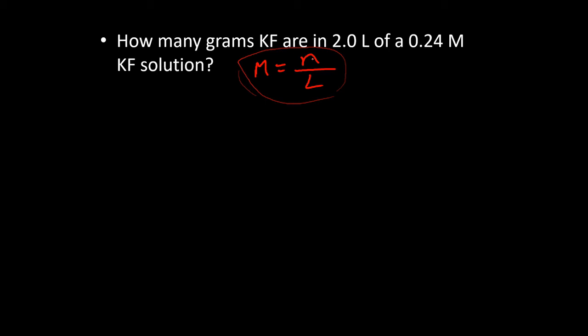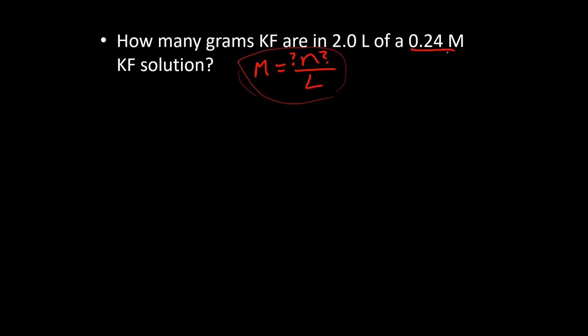So if we can get the number of moles, we can do a mole to mass conversion and get the mass. So what we're trying to find here at the beginning is the number of moles, and then we'll go from there. The other two parts of the equation are just straight up given to us in the question.